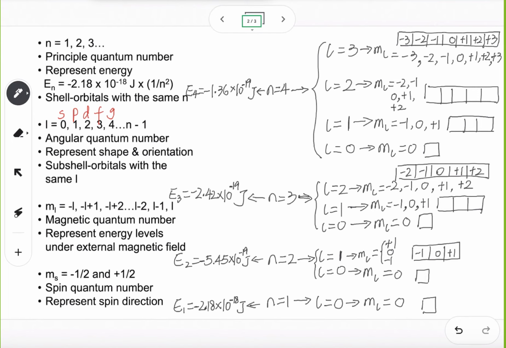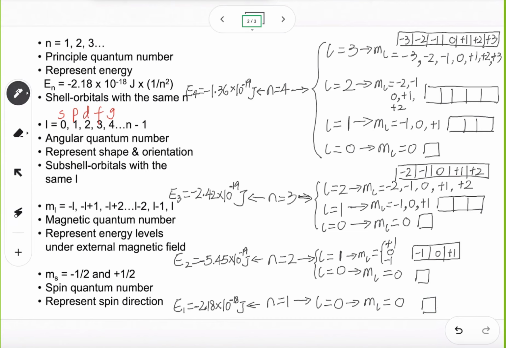One thing I want to mention here is, remember these letters for the L value. If you label these orbitals with numbers for N and L, it's going to be very confusing. For instance, if you start from the very beginning, how do we label this atomic orbital?